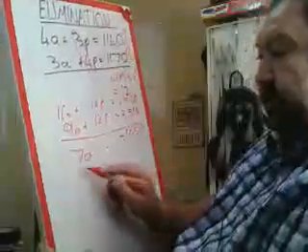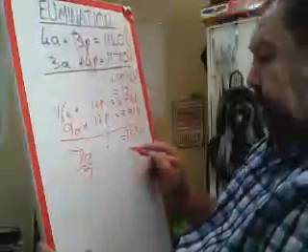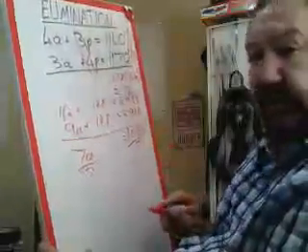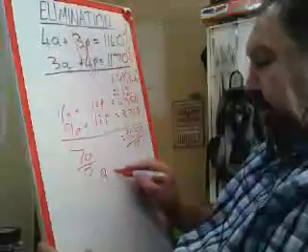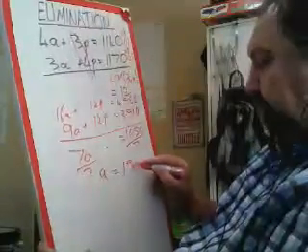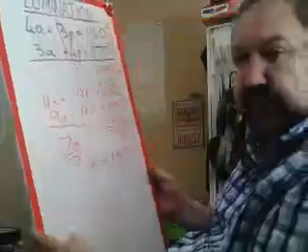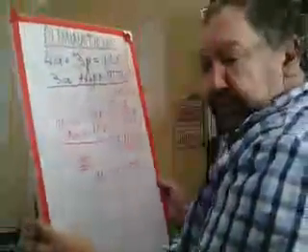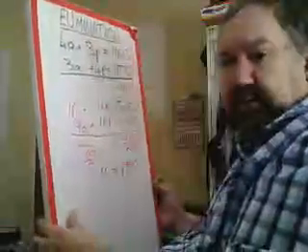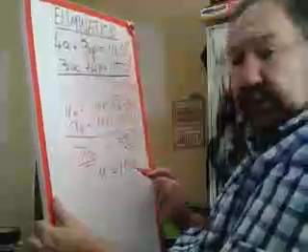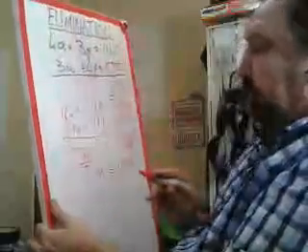Okay, so we divide by 7, which means a is equal to 150 grams. Now we can substitute this back into any of those equations.